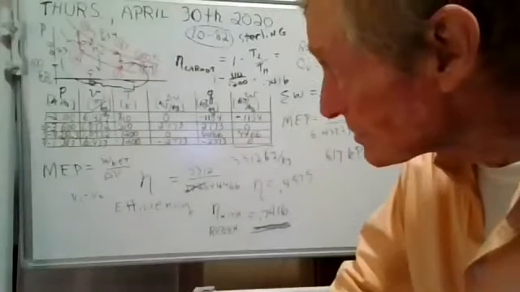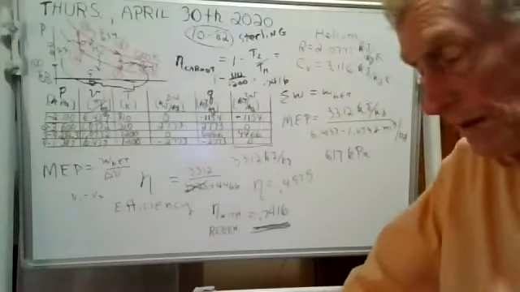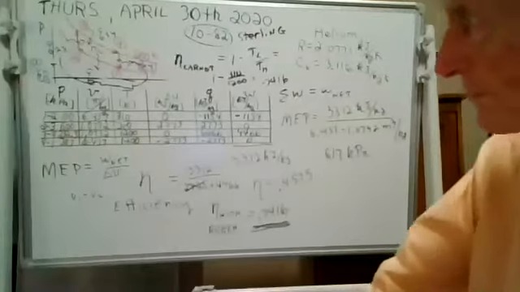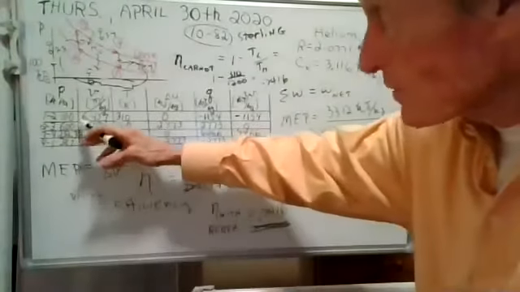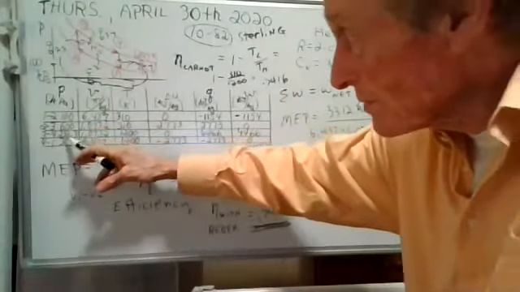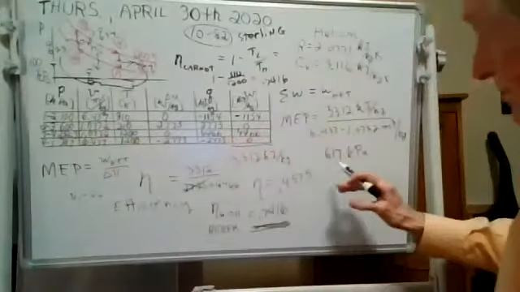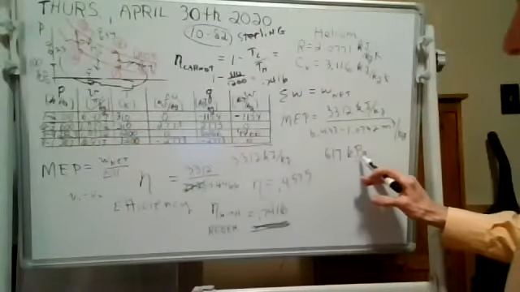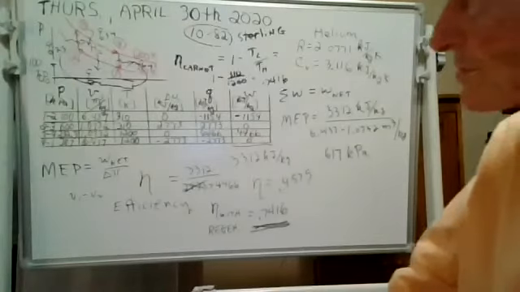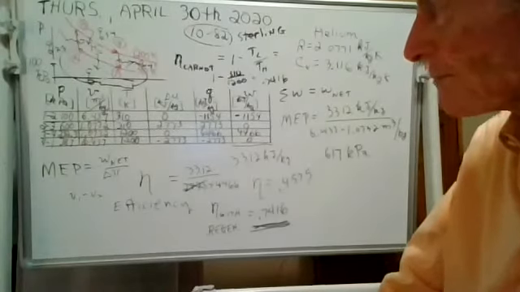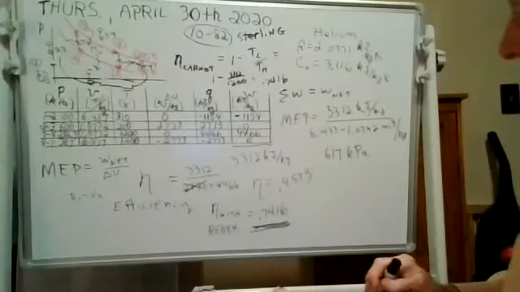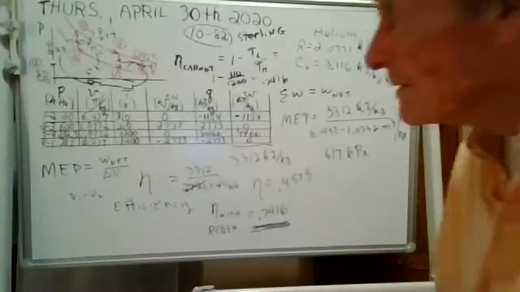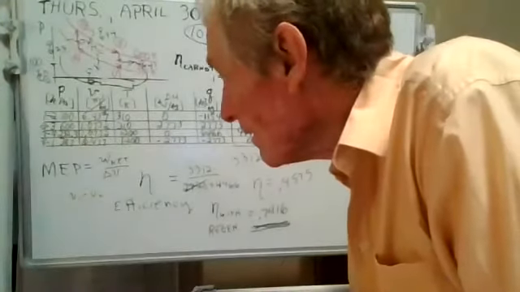That doesn't make sense. I must have done something wrong, because look at these pressures: 100, 600, 232, 387. There's no way. Let me do it again. That's not 232, it's 2,323.